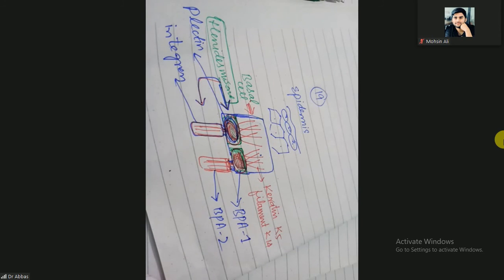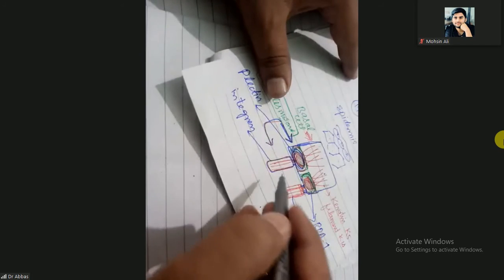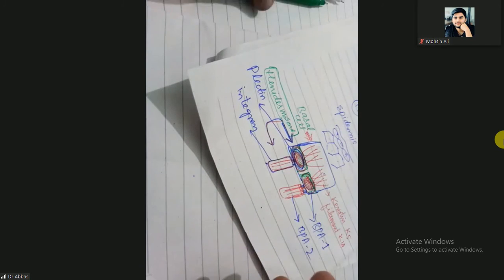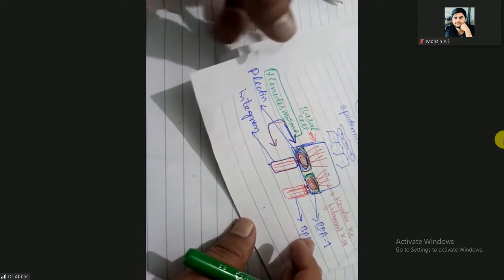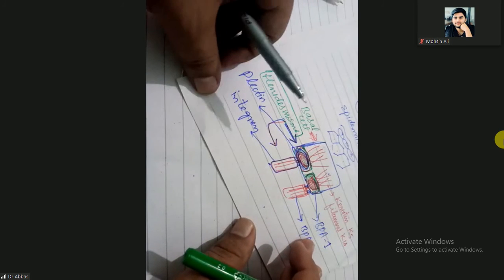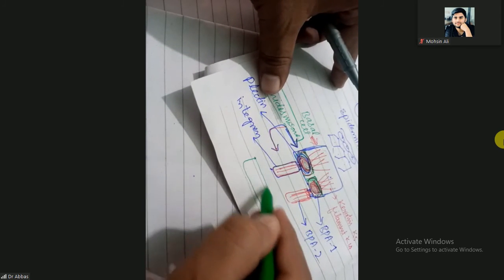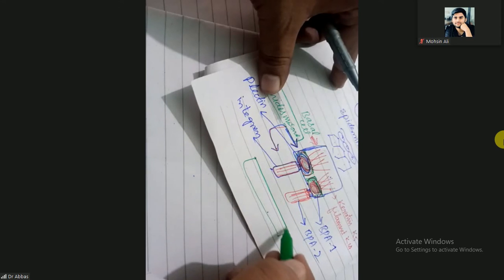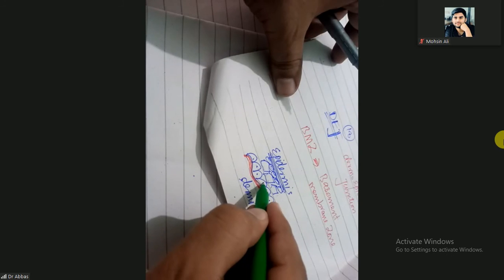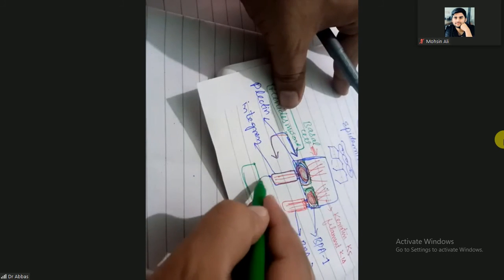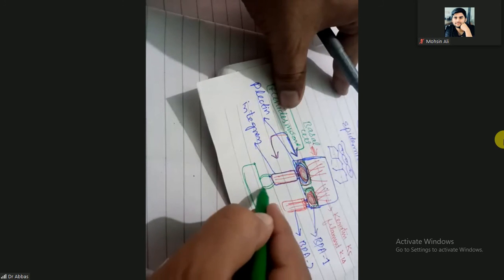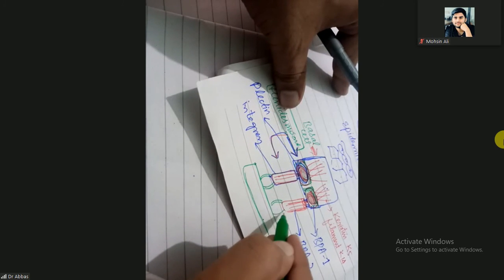Clear? Lower to that, the basal cell, on its downside, is attached to the basement membrane. Look at here. These basal cells are attached to the basement membrane, but they are attached with the anchoring filaments.